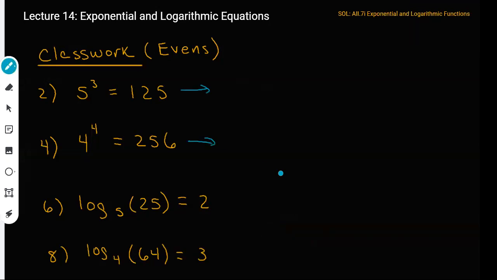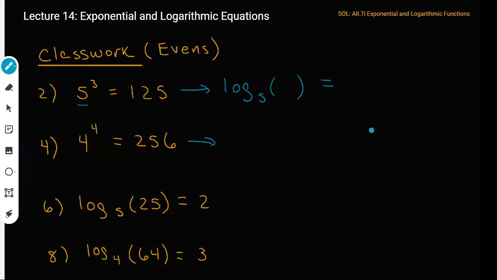Okay, so let's go ahead and try number 2. We're going to have a logarithm, and what's the base for this going to be? It's going to be 5, right? I'm going to have something in parentheses, and I'm going to have something on the other side.